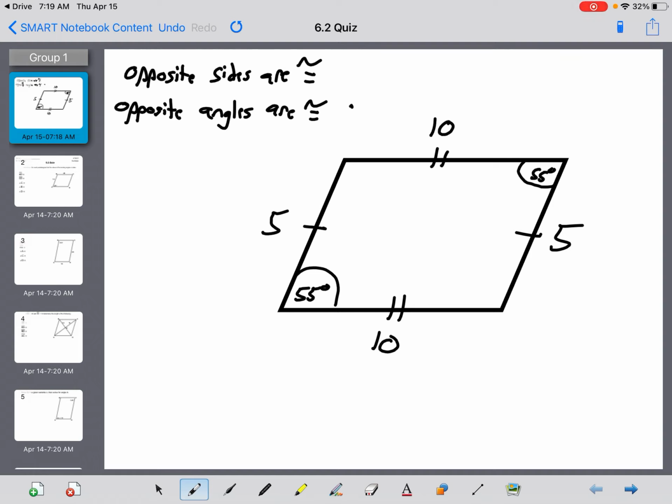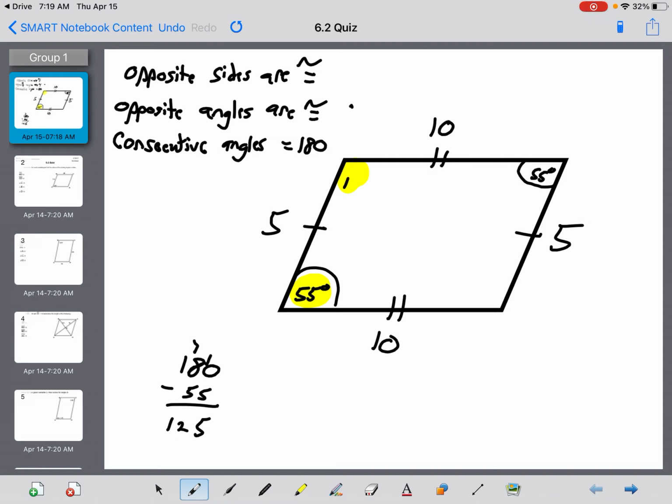Okay. Next is that consecutive angles equal 180 degrees. So we don't have this angle yet, but the one right next to it is 55. So it must be whatever 180 minus 55 is, which is 125 degrees, because 125 plus 55 makes 180.